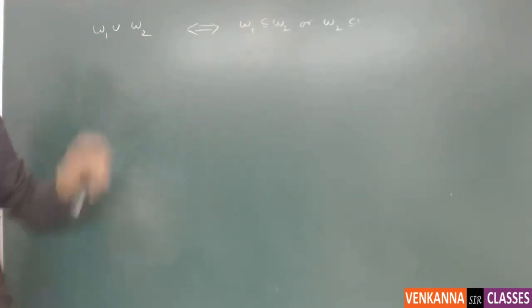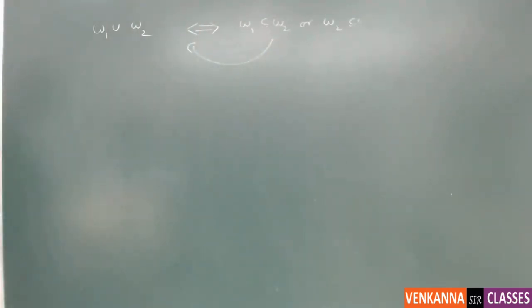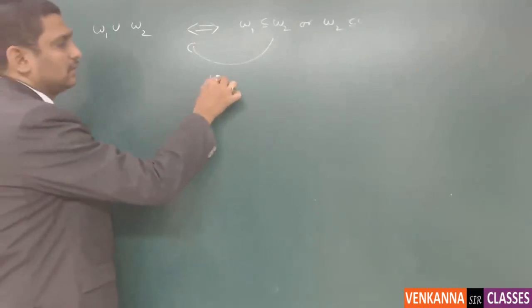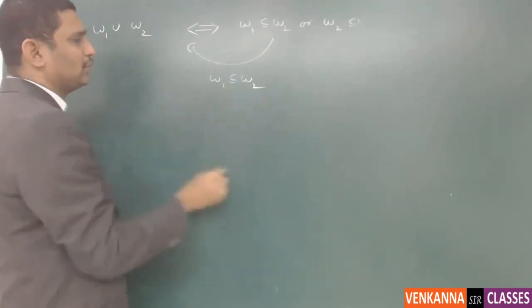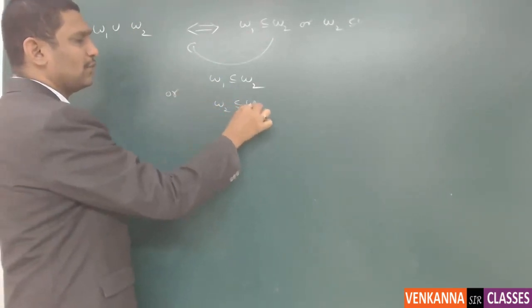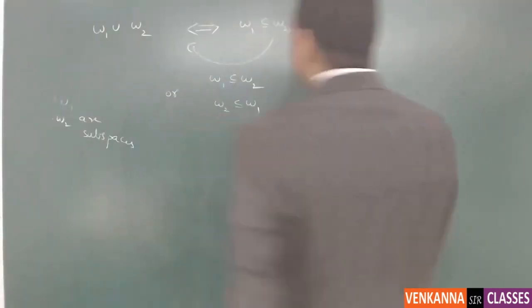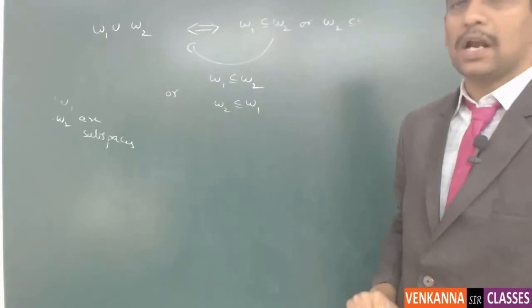So I just want to move from the other side first. So let us assume that W1 is a subset of W2 or W2 is a subset of W1. Please understand, basically I have taken that W1 and W2 are subspaces. So my intention is: is the union a subspace or not?